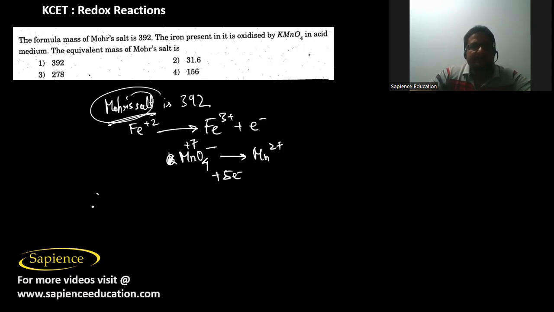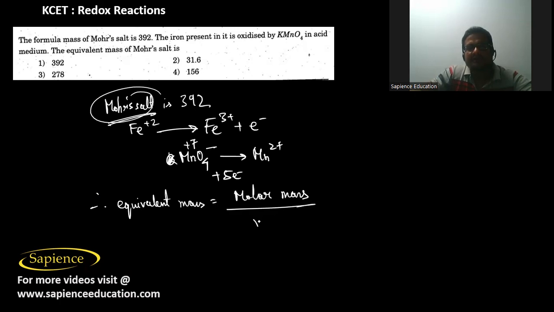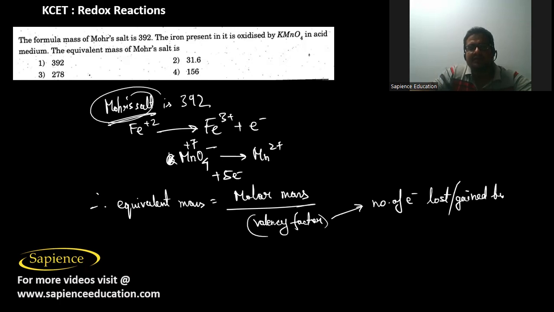And therefore we have to find the equivalent mass of Mohr's salt. Now equivalent mass, we know, is equal to molar mass divided by the valency factor or the n factor. Now the valency factor is equal to the number of electrons that is lost or gained by one molecule or one ion.